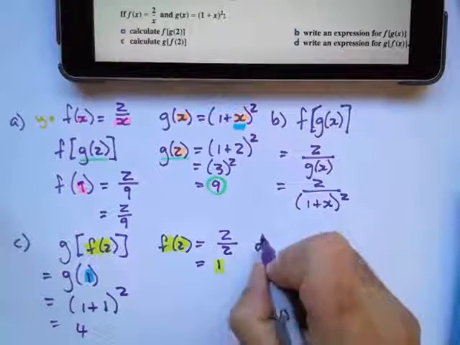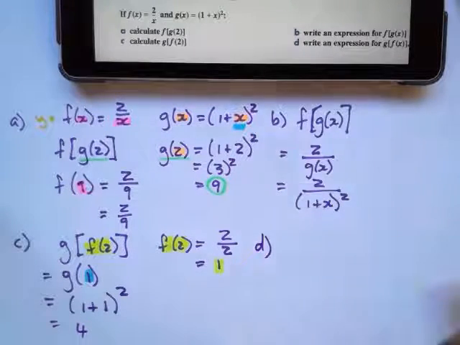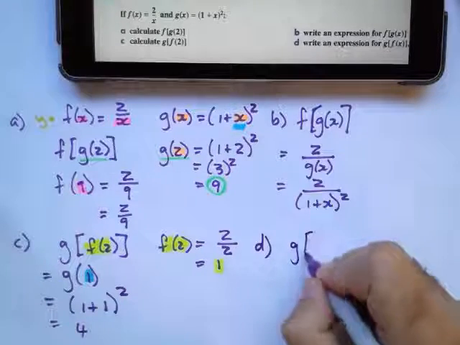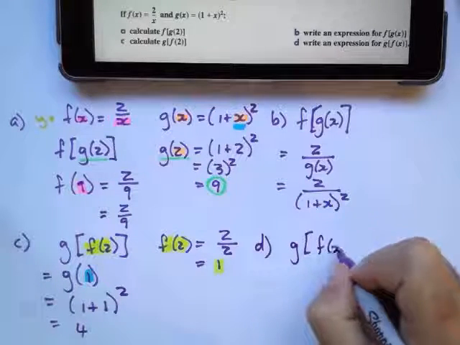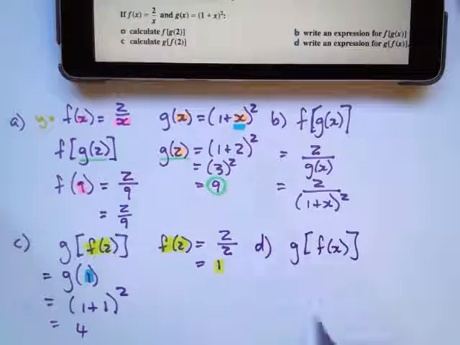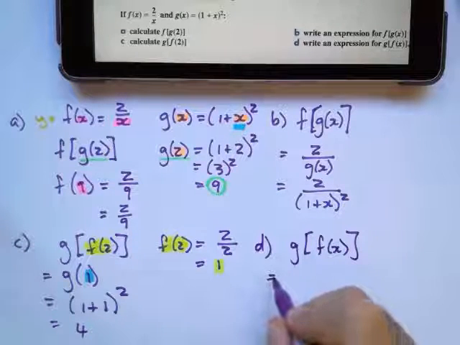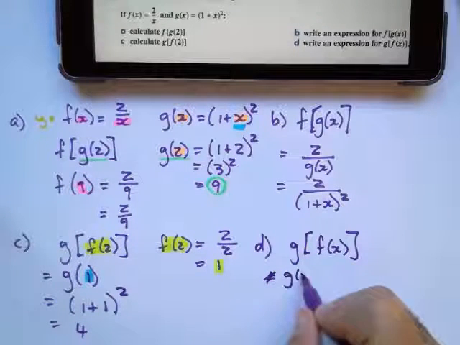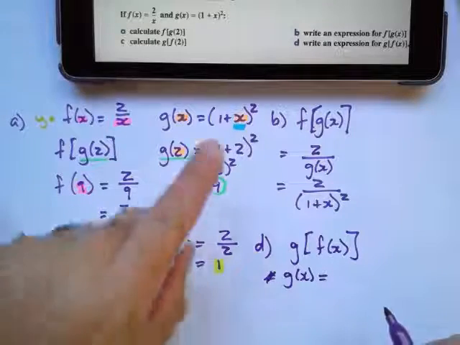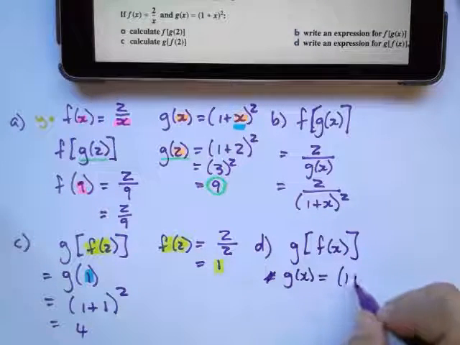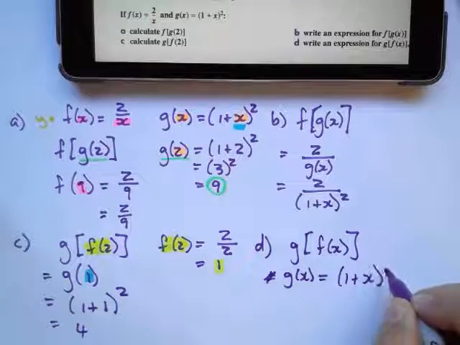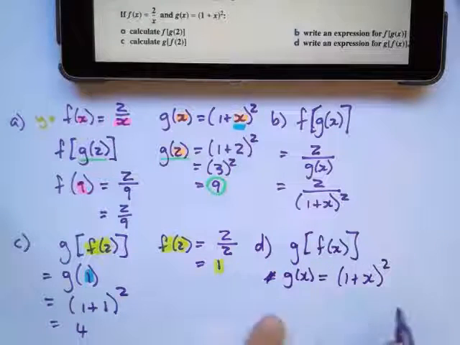In the D part, they say write g of f(x). So let's quickly start. What is g(x)? g(x) is 1 plus x squared. That is g(x).